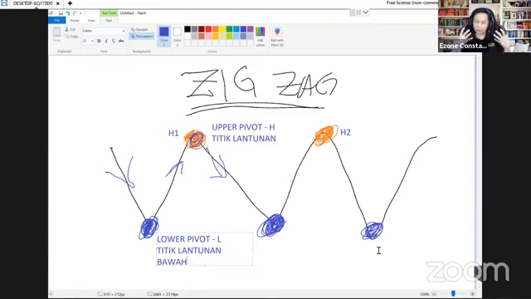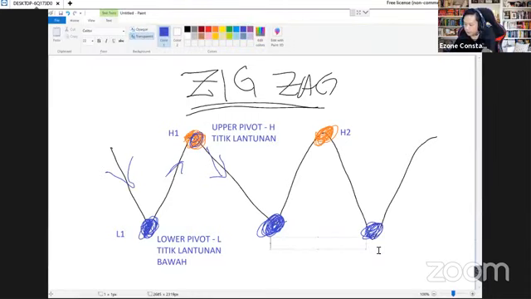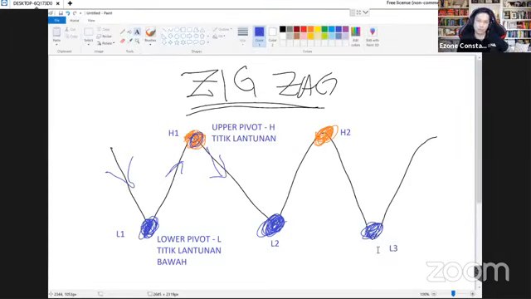So that's why I want you all to pay attention, because when you pay attention, you will understand better. Now for the lower pivot point, we will label it as L: L1, L2, and L3. Each time I mention a pivot point, it means there's a possible trend change.